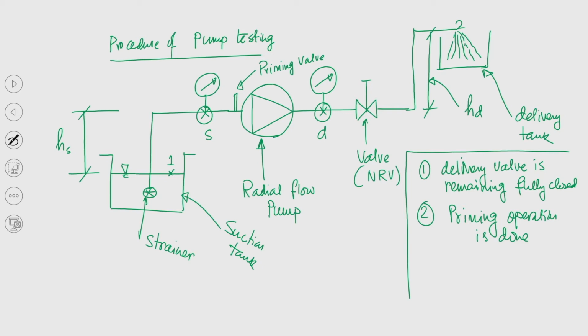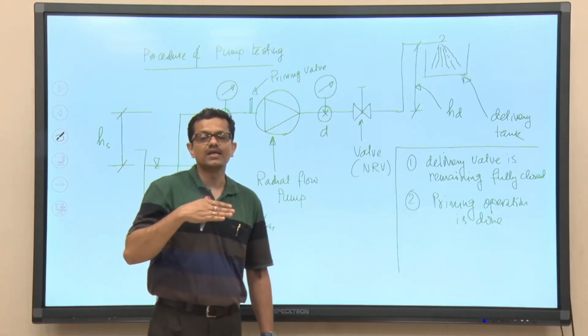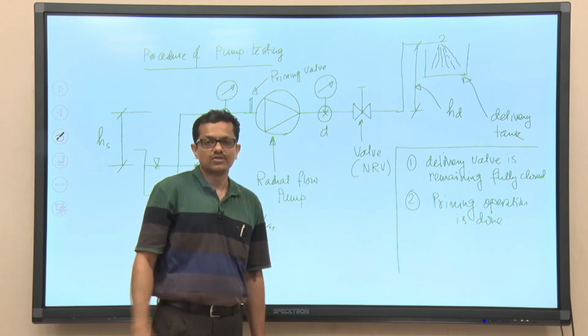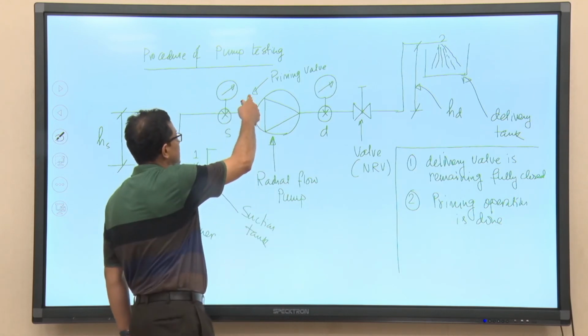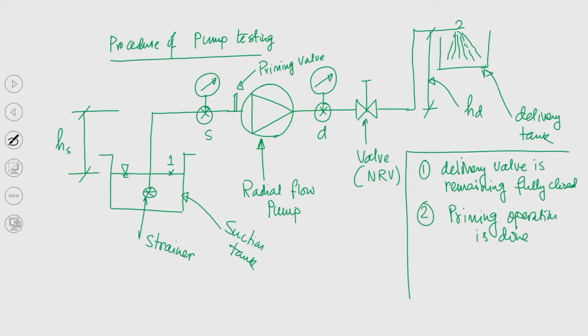If any air is present in the suction line, that air should be driven out. The liquid given through this priming valve will fill up the suction line, and in the course of that process, any air present should be expelled from the suction line.